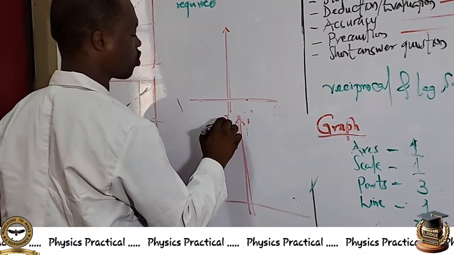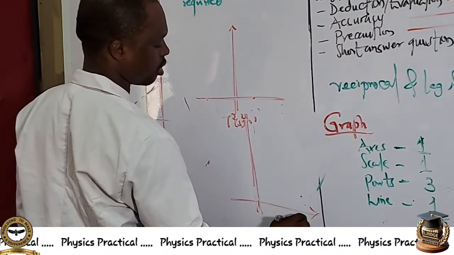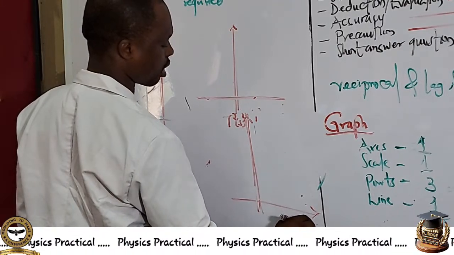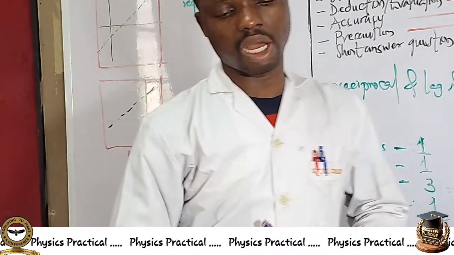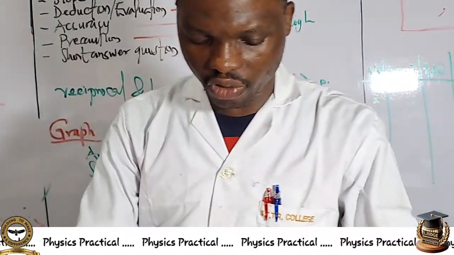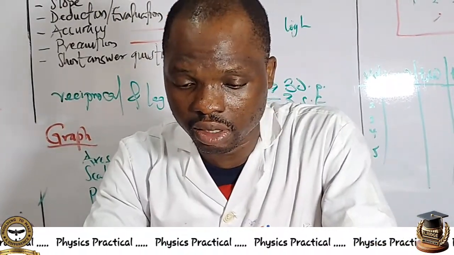So, t squared in second squared against L in centimeter, very close to the arrow. That's how to label your axis. This labeling of your axis carries a mark. I've said that if you fail to do so, you lose the mark for it.